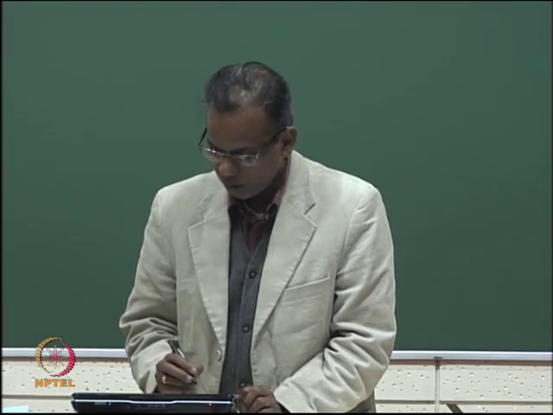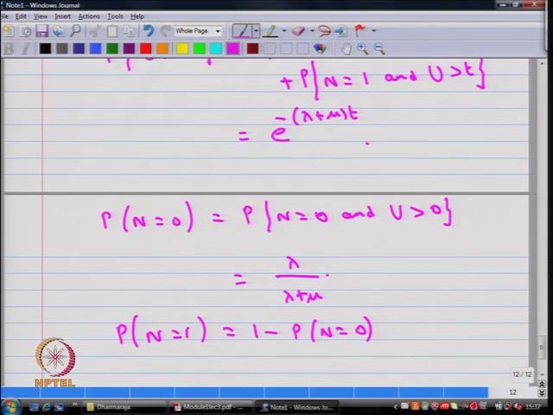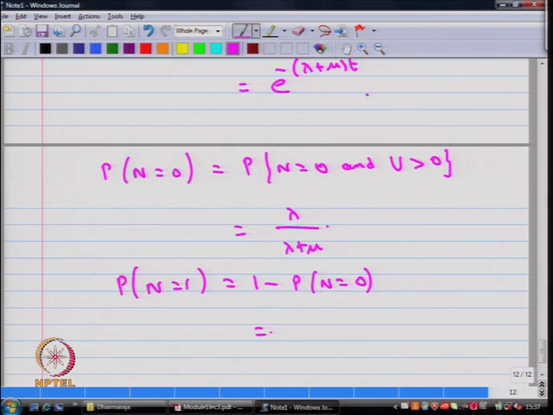Here I am using 1 minus the probability of N is equal to 0, that will be mu divided by lambda plus mu. So, in this problem, even though we asked only two things, we have got the probability of N is equal to 0, the probability of N is equal to 1, and also the probability of U is greater than t.